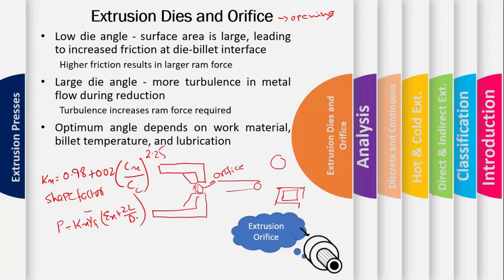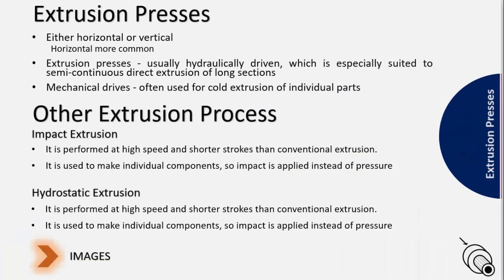Now the last one, the machines that are used in performing the extrusion process. We have two kinds of process, as we have seen, in which we apply gradual pressure to have long cross sections, and that is mostly performed in direct extrusion, while in the other we apply impact loads to have the discrete extrusion process or the cold extrusion process. So the extrusion presses can be either horizontal or vertical.